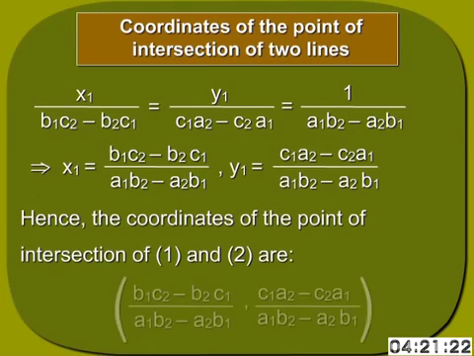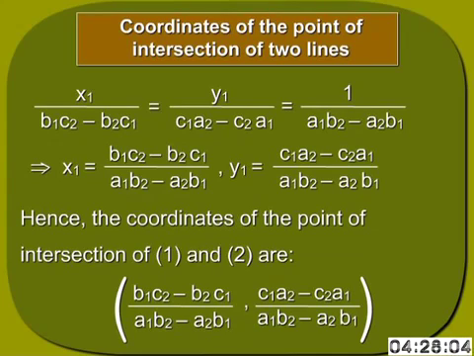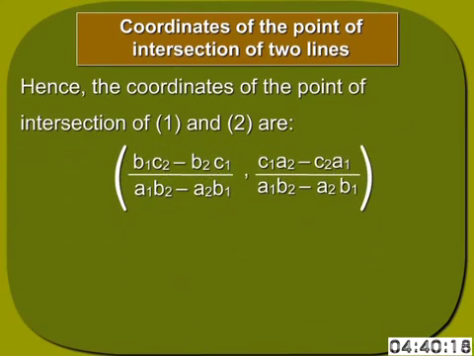Hence, the coordinates of the point of intersection of equation 1 and equation 2 are b1 c2 minus b2 c1 upon a1 b2 minus a2 b1, and c1 a2 minus c2 a1 upon a1 b2 minus a2 b1, where a1 b2 minus a2 b1 is not equal to 0.